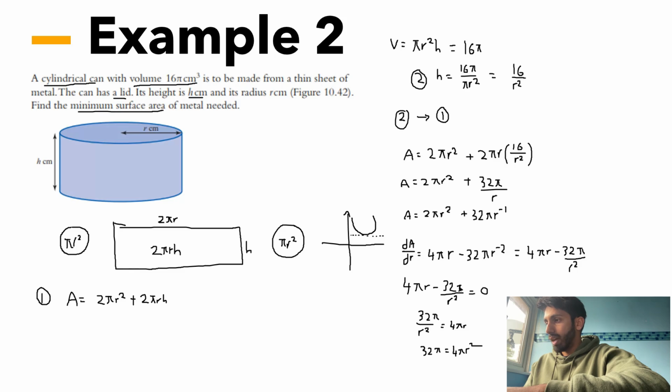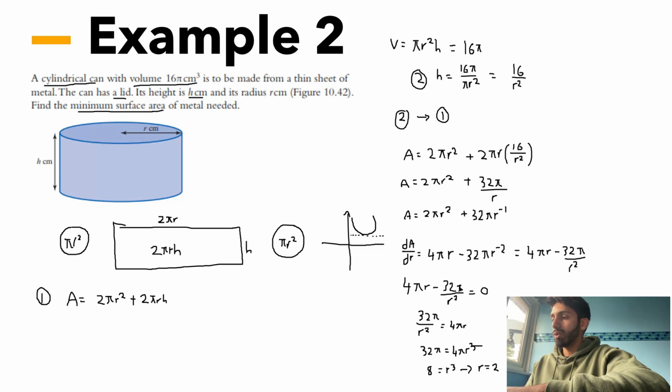Now we can divide by 4 pi. So we're left with 32 divided by 4, which is 8. Pi and pi cancel out. So we're at 8 equals r cubed. Now we cube root 8, so we're left with r equals 2.